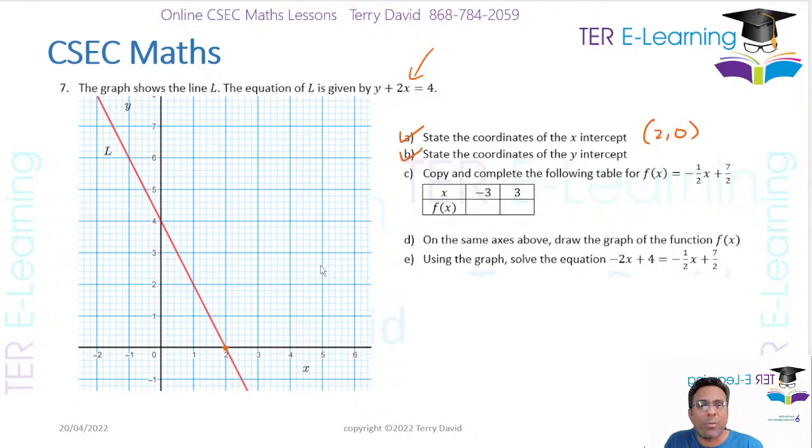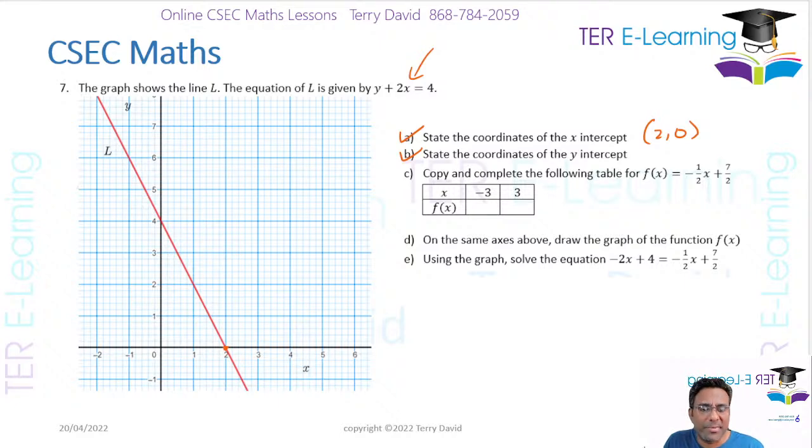What about part B? What are the coordinates of the y-intercept? What are you going to say there? Right?